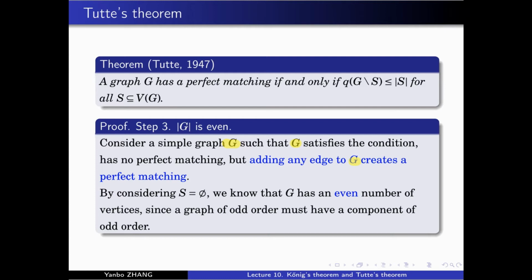This is just for convenience. By considering S equals the empty set, G - S is G. We know that G has an even number of vertices, since a graph of odd order must have a component of odd order.